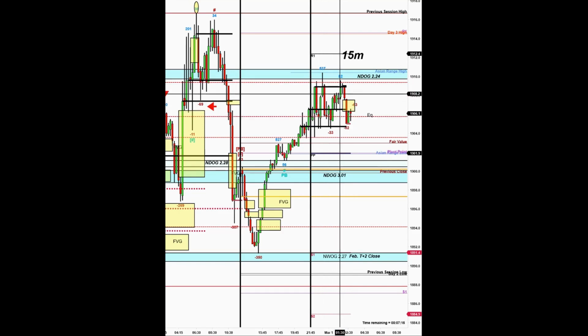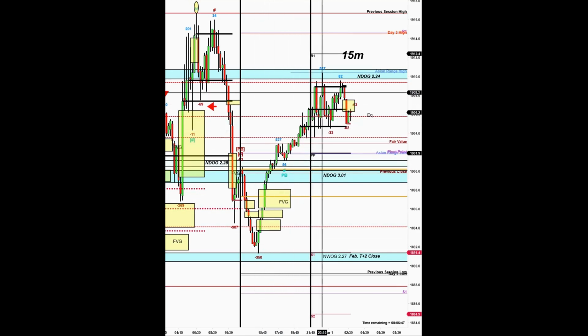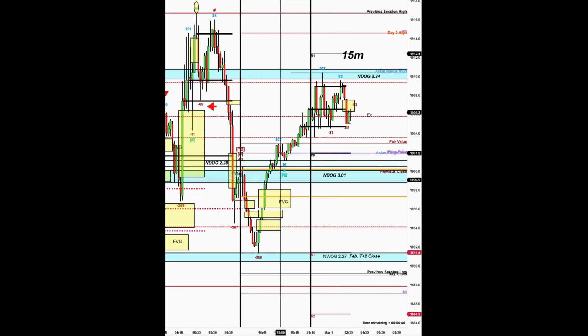So I'm just going to sit on my hands. Down here is the new day open gap, March 1st, on the low. We haven't been down there since the Asia session. You can see in the Asian session they dropped it here to the T+2 close, and then this time zone bounced right back up. Here we are on the Europe line where we opened, and we've held these highs. So this could definitely be the low for the 1st of March.